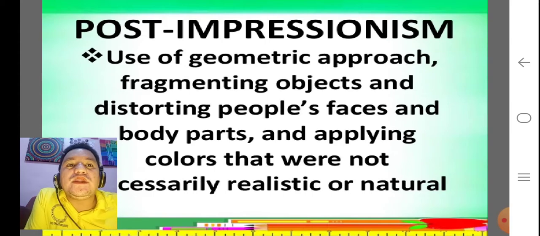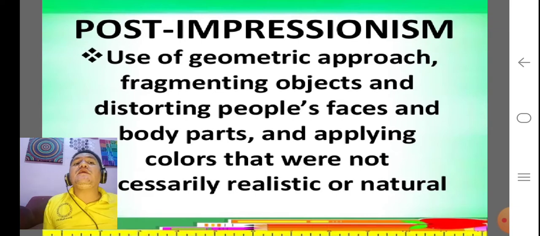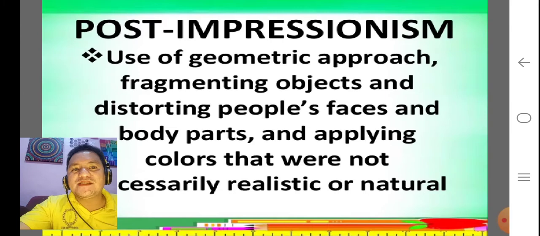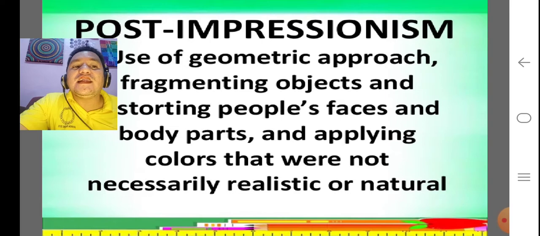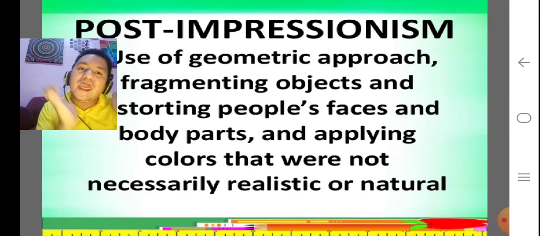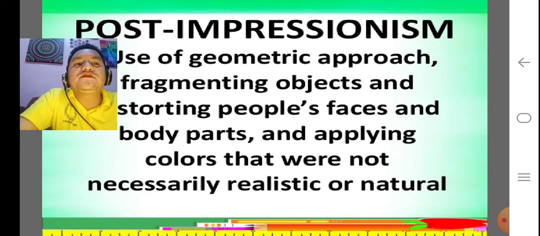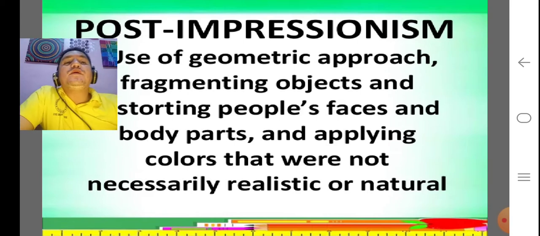It has something to do with the use of a geometric approach, fragmenting objects and distorting people's faces and body parts, and applying colors that were not necessarily realistic or natural. Meaning to say, the examples of artwork here have something to do with geometrical patterns. Aside from that, the distorted images. When we say distorted, for example, tilted, or meaning the chin is longer, the ear is bigger, like that. So, distorting people's faces.